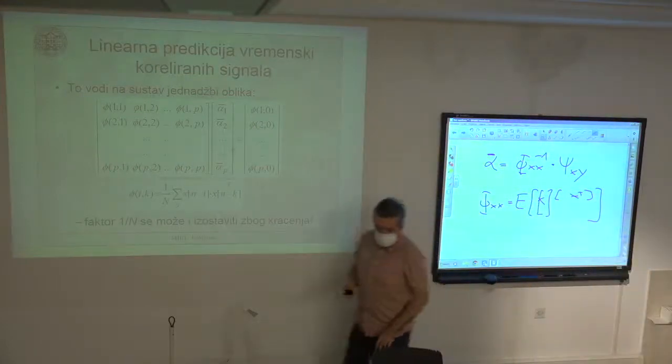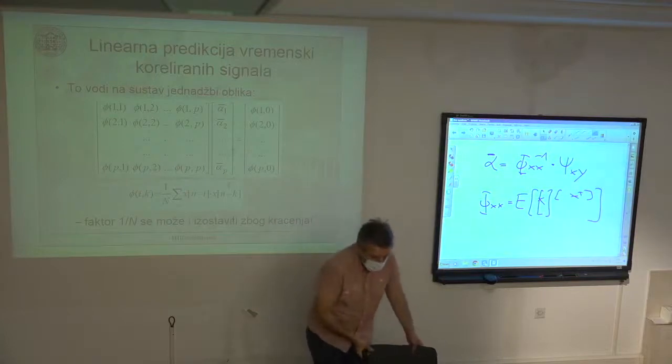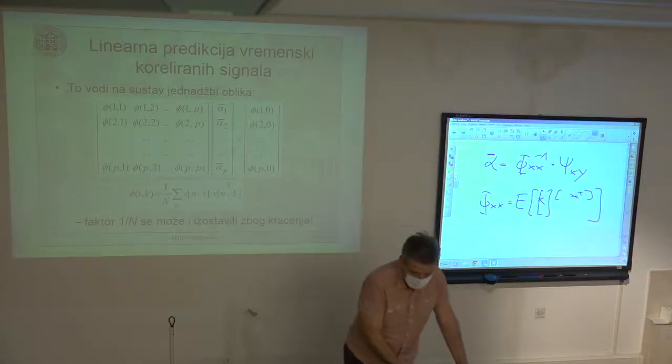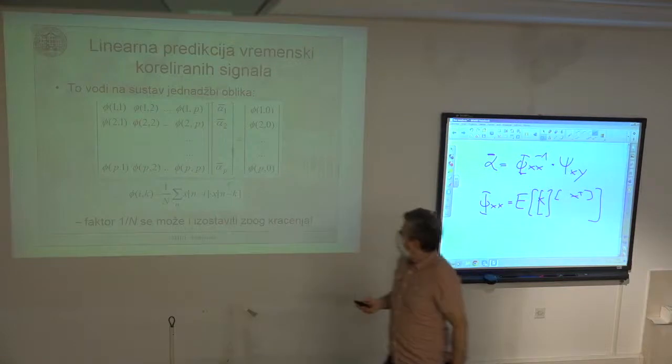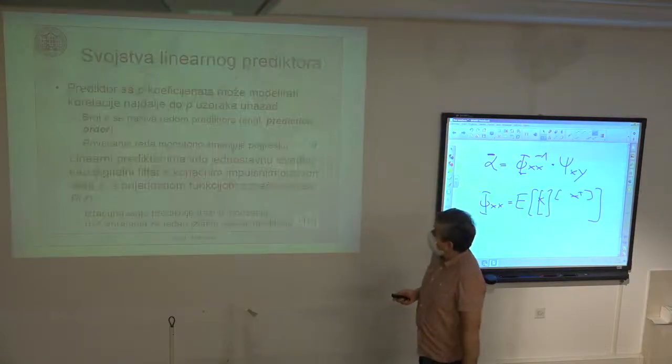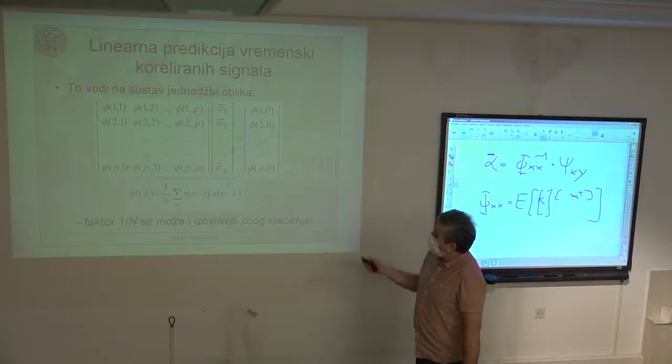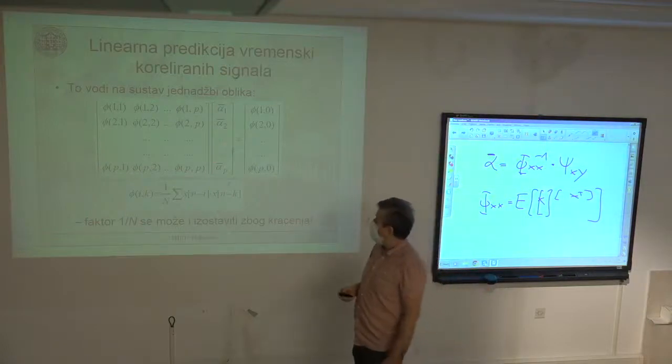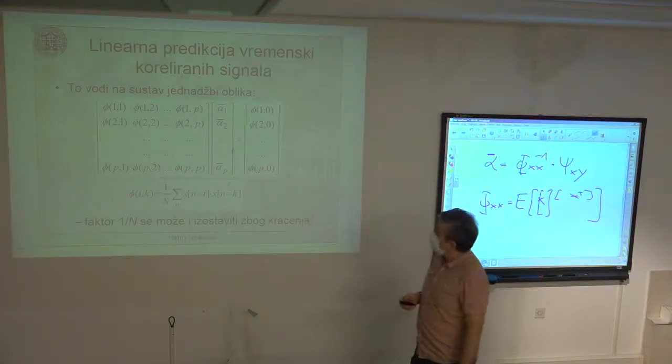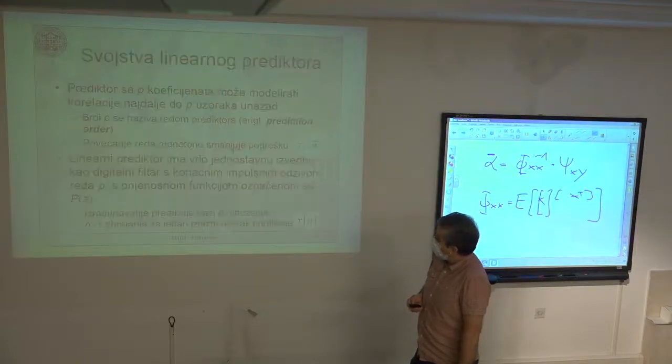We can continue. So once we solve this problem, once we find the optimal values for the predictor coefficients, we can use this optimal predictor to predict the current sample from the preceding ones.